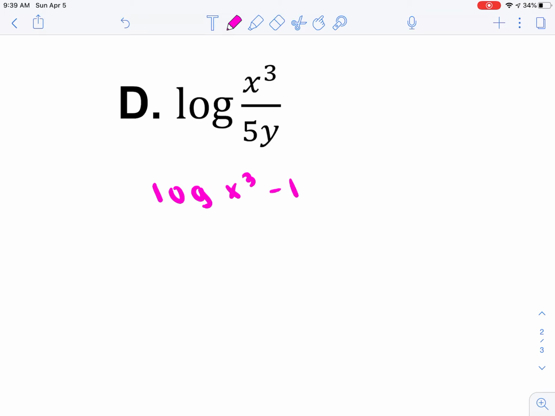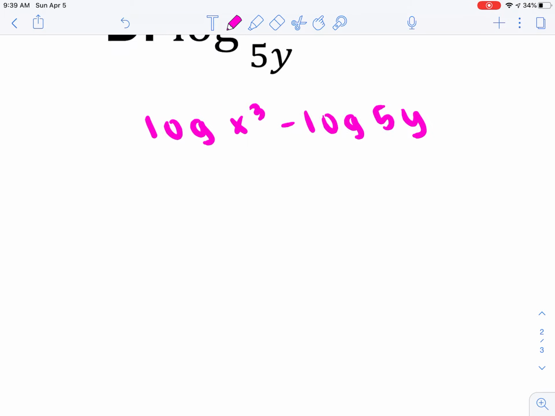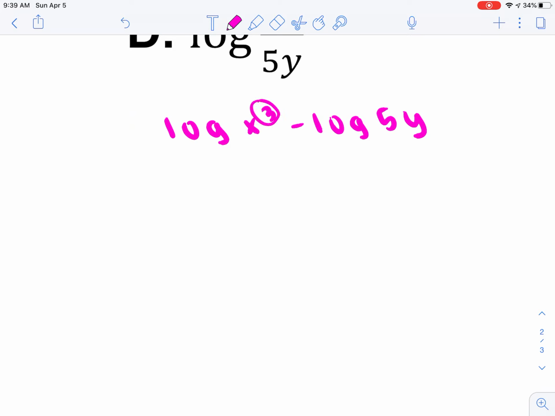So we're going to rewrite this as log x cubed minus log 5y. Then from there, I can move this 3 to the front since it only applies to that log. And with the second set, I can take care of this product. Now, be careful. There is a minus sign in front of this log. Kind of think about it being like in a parenthesis or bracket.